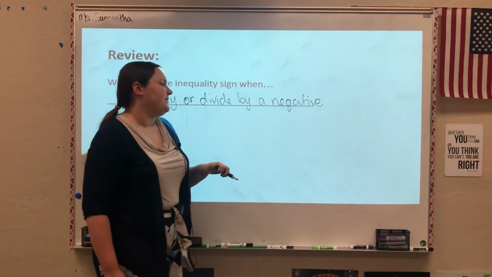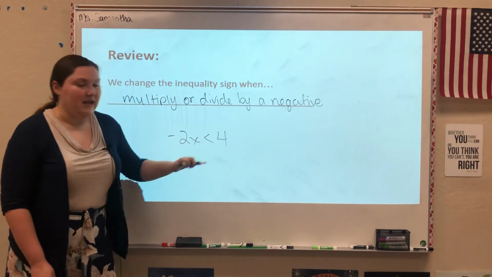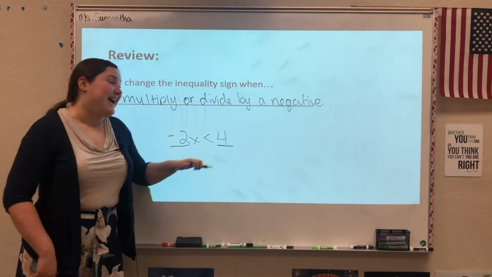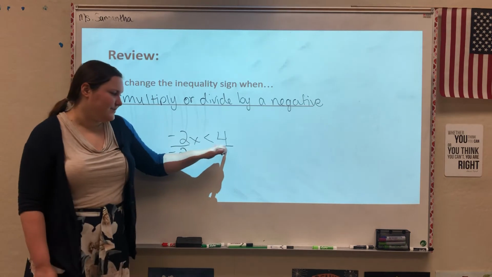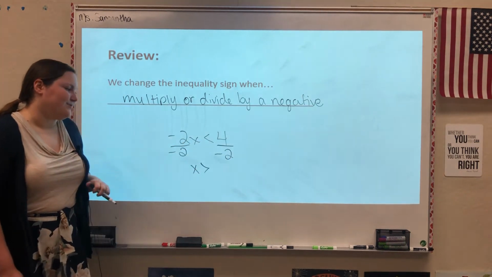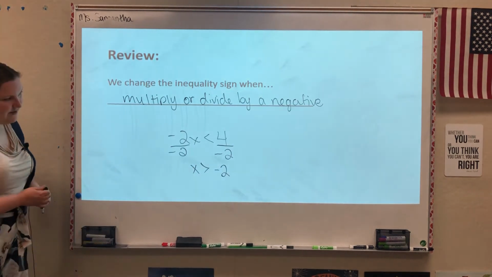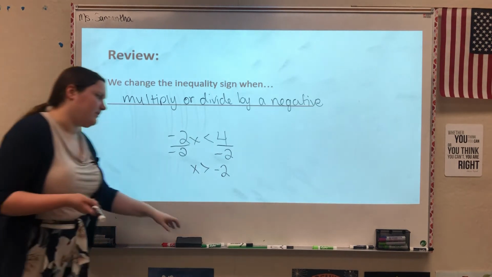So remember, if we had something like this and we are trying to solve for x, if I have to multiply or divide by a negative, so here I'm going to divide by -2, that means that inequality sign is going to change directions, and we get x is greater than -2 here.